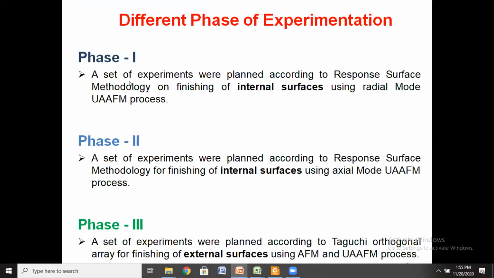Based on the first phase, I realized and minimized a few factors and a few levels, and then I got a smaller number of experiments in phase 2. In phase 3, the set of experiments were planned according to a Taguchi orthogonal array for finishing of external surfaces using AFM and UAFM. This is just for a comparison study.